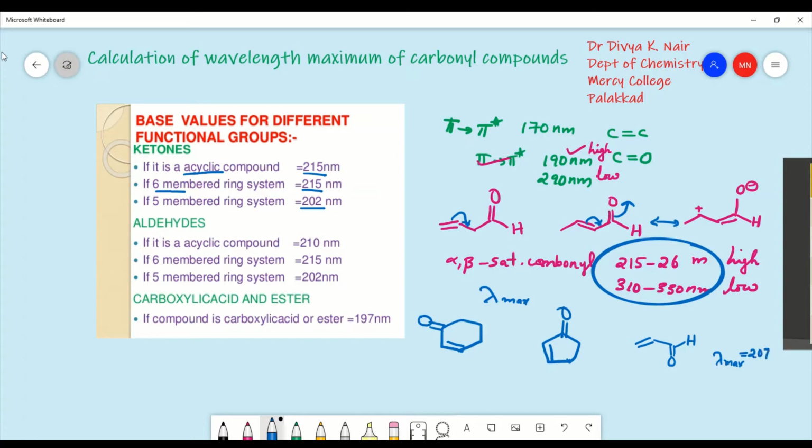You have to remember this, 207 nanometer. And in the case of alpha beta unsaturated acids like this, carboxylic acids, or it could be an ester, then the basic value will be 197 nanometer. So this is very important to remember.